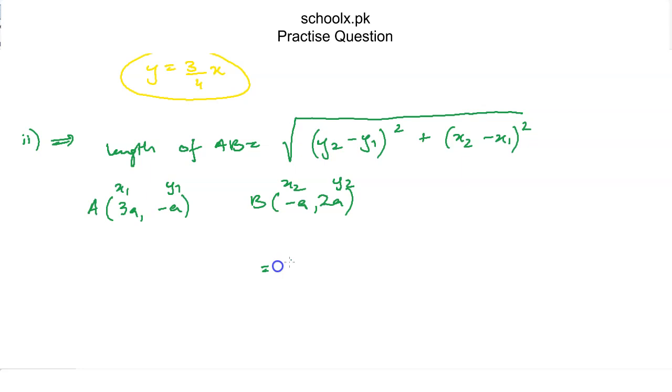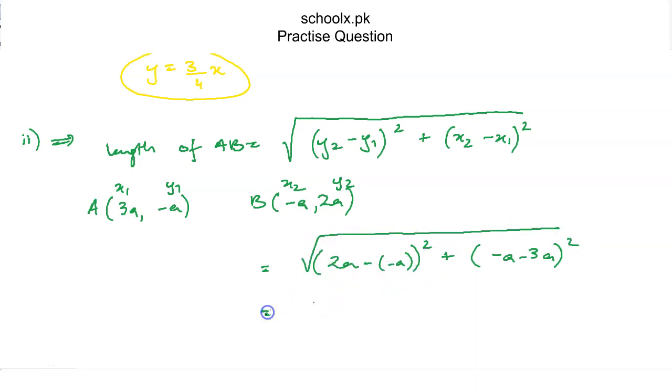I'm just going to plug in the values. y2 minus y1 gives us 3a squared, 9a squared, plus x2 minus x1 gives negative 4a whole squared, which will become positive 16a squared. If I take this under the root, I will get the square root of 25a squared, which is equal to 5a.